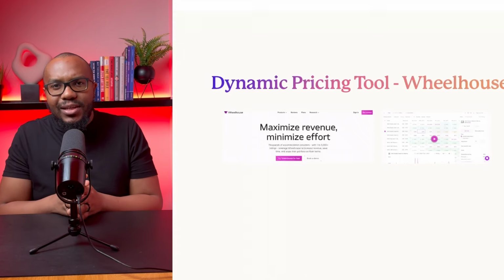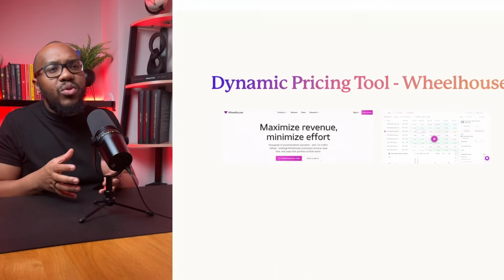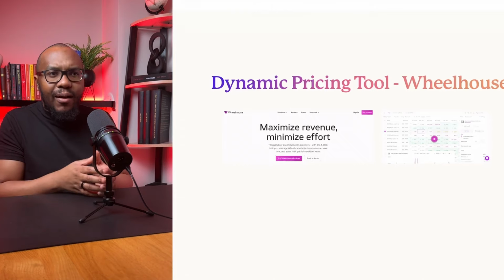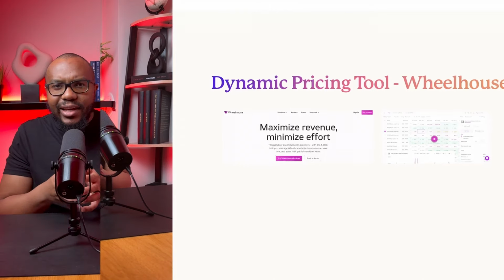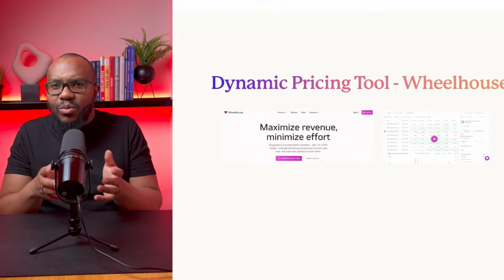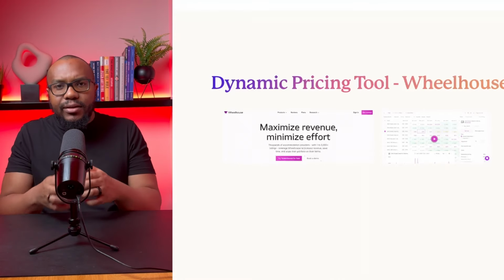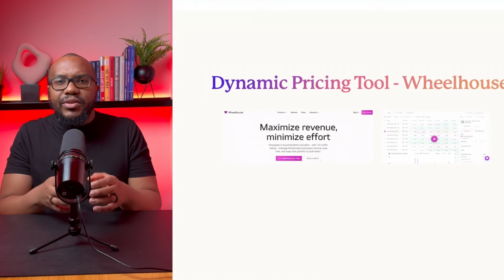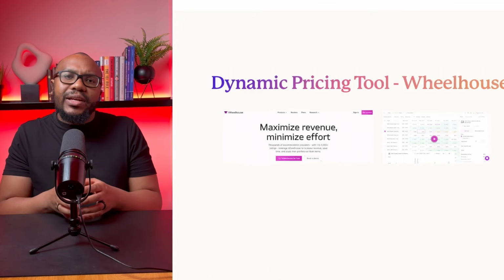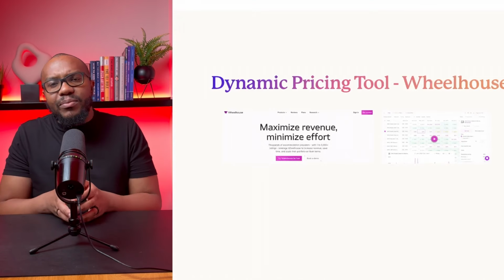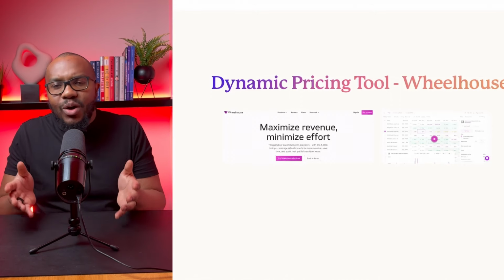COP26 is where all the global leaders come, and they talk about climate change, global warming and all that good stuff. That event was happening here in Glasgow, where I currently reside and where I currently operate some of our Airbnbs.